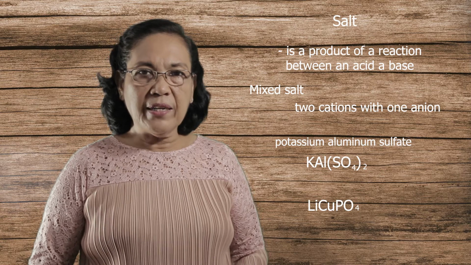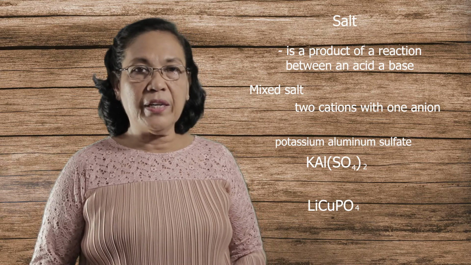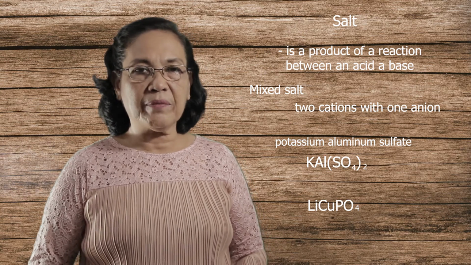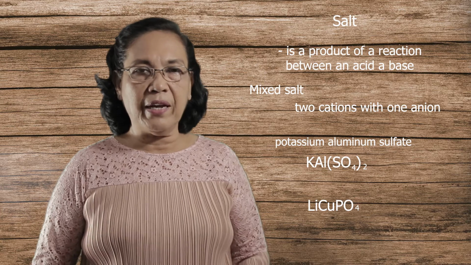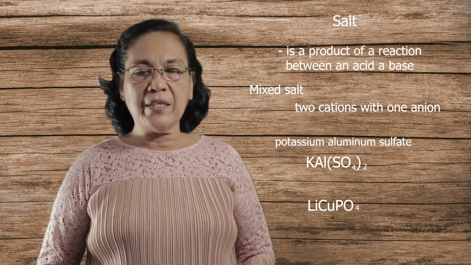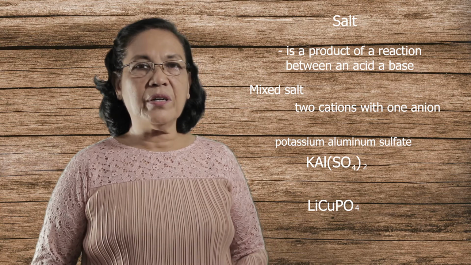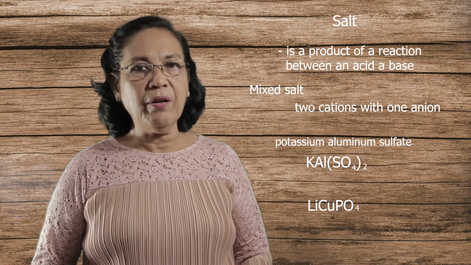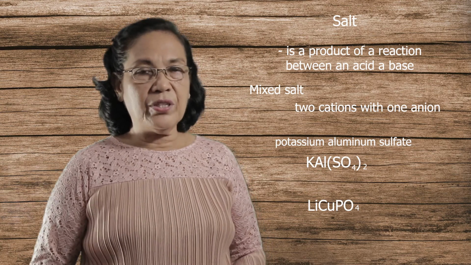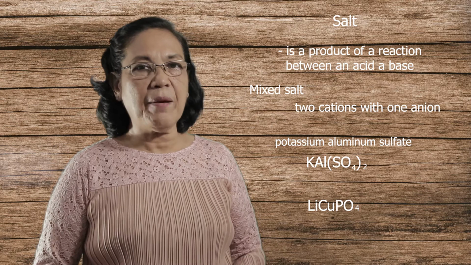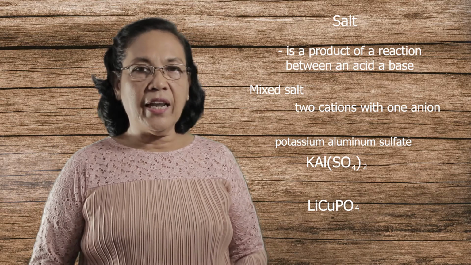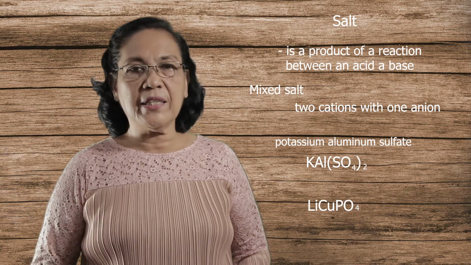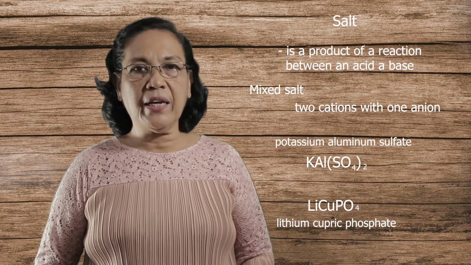Now, because they are the same, they are reducible into 1 by dividing it by a factor of 3. So, the subscripts will become Li1CuPO4 subscript 1. And I said that if the subscripts are all 1, you may erase it out. So the final formula of this mixed salt is LiCuPO4. And the name is lithium cupric phosphate.